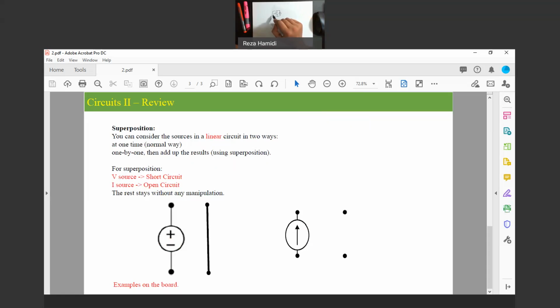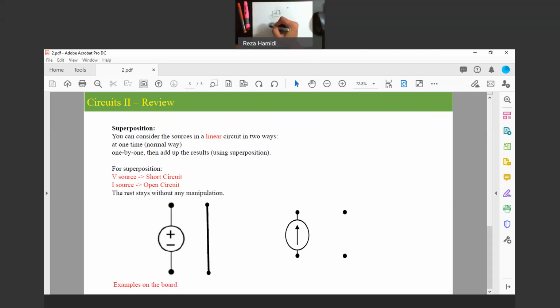If we can turn off some of them, it's up to you. How many? If you have 10 of these voltage sources, you could turn off 3 of them. Then you can go over the next 2, and then you can go over the next 5. Okay, it's up to you to turn off some of them.